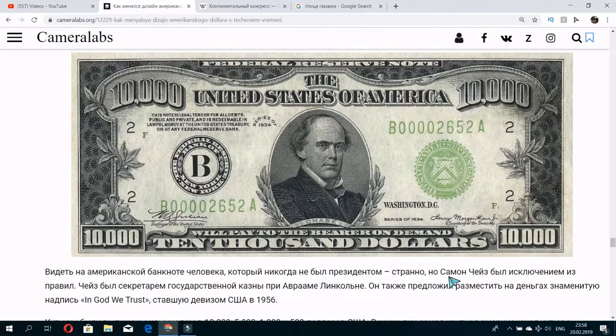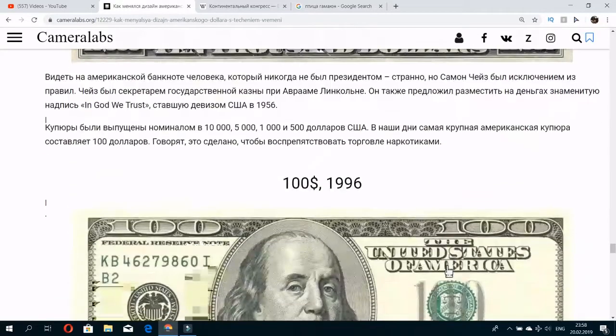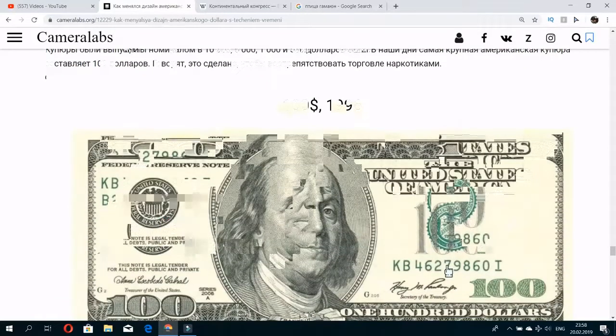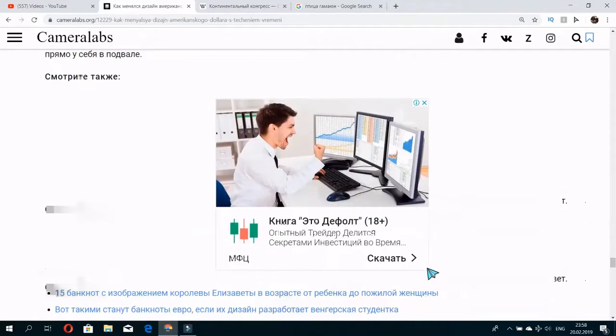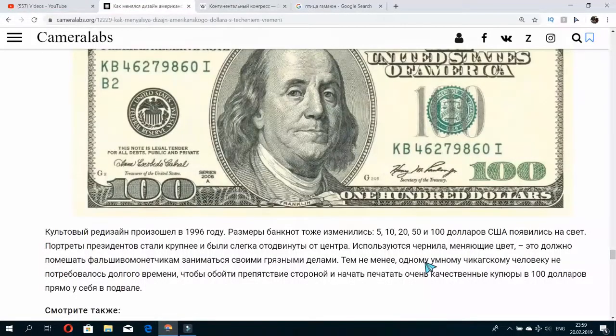So, okay, very, very interesting person. In the current design of the $100 of 1996, we have Franklin looking at us. Very interesting.